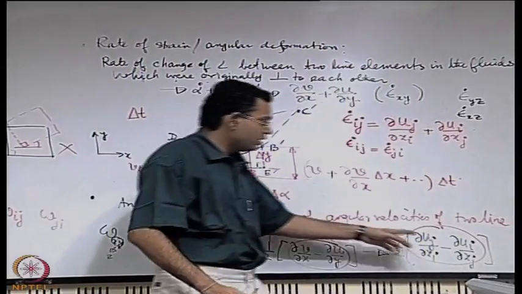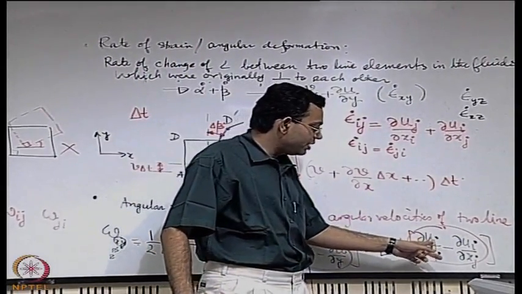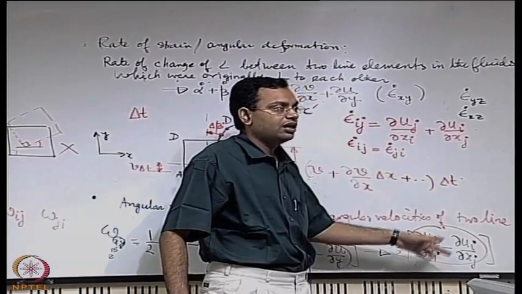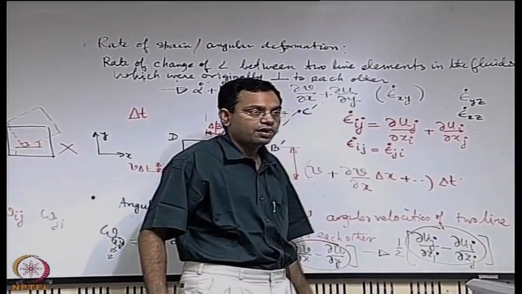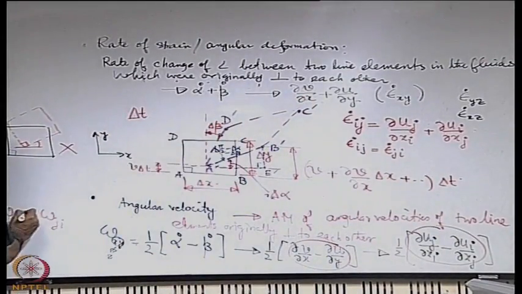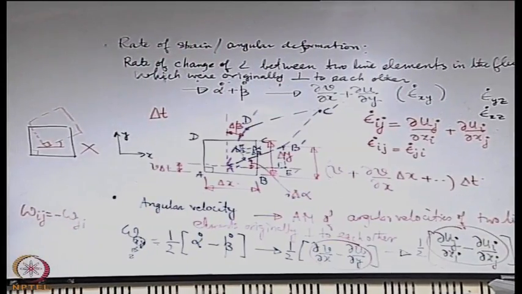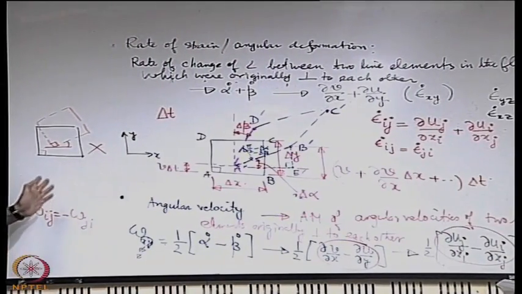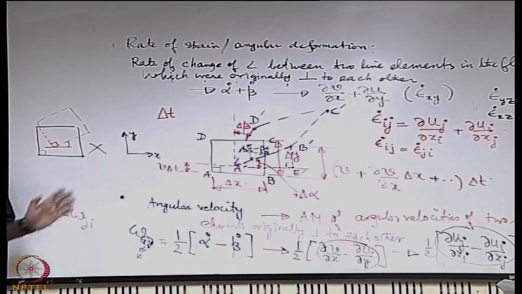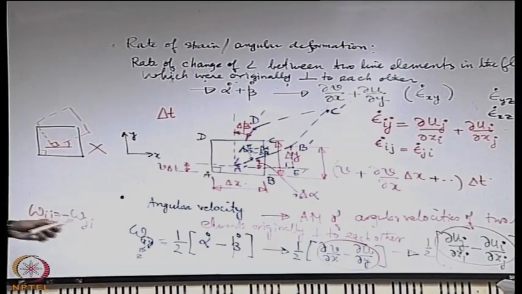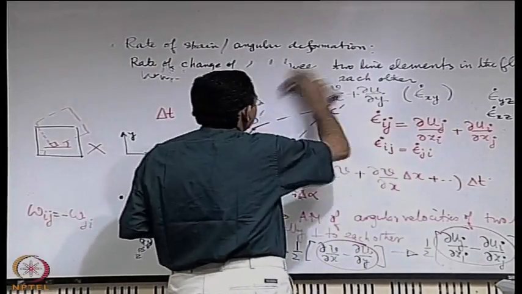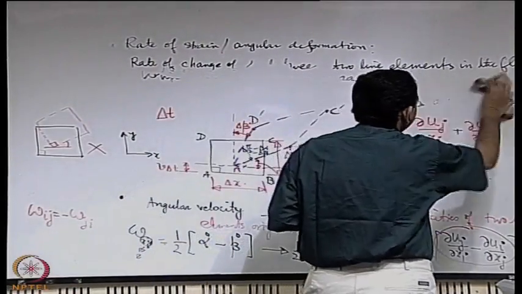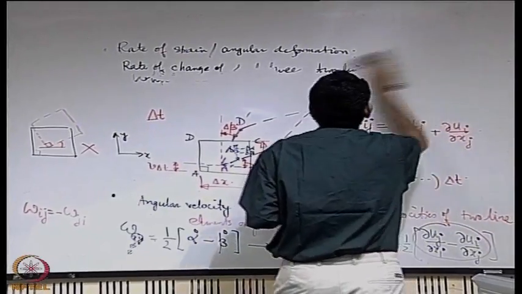You will be replacing j with i and i with j. So it will be minus of it; if you write it in a matrix form, it is a skew symmetric matrix.